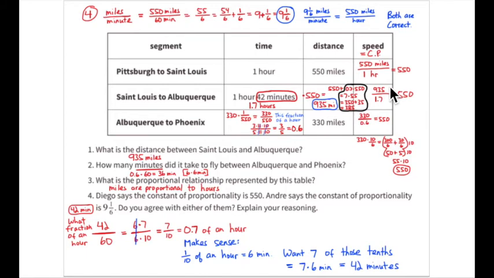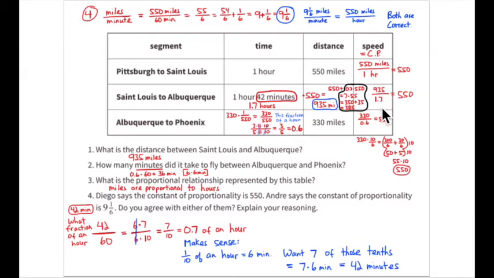All right, so now 935 divided by 1 7/10. If you do that division, 935 divided by 1 7/10 does in fact equal 550.